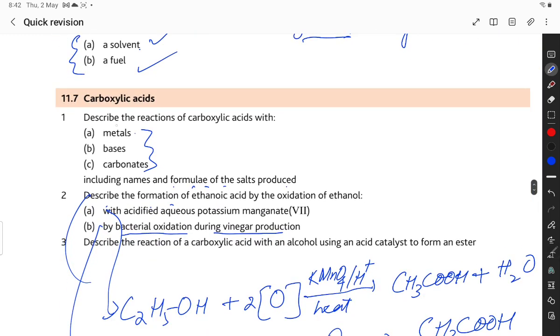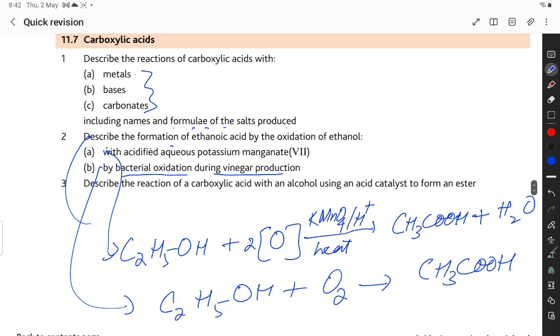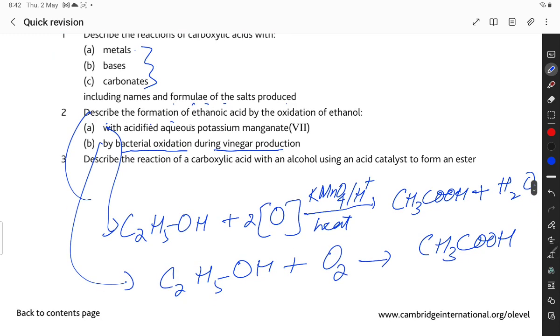Describe carboxylic acids. I have discussed earlier their reactions with metals, bases, and carbonates. Describe the formation of ethanoic acid by oxidation of ethanol with acidified aqueous potassium manganate, in the presence of heat.